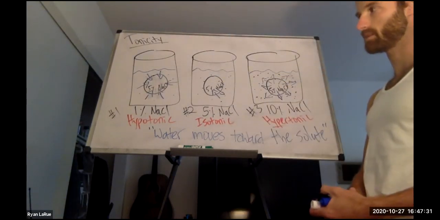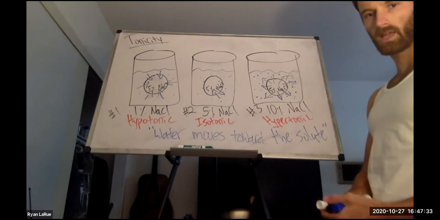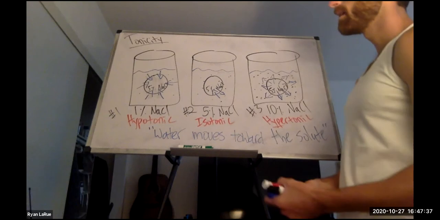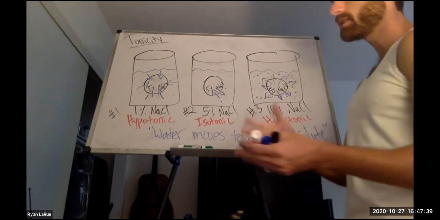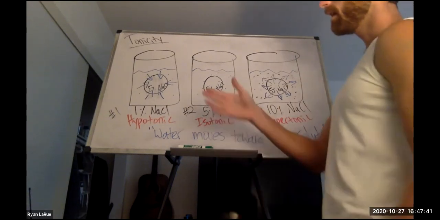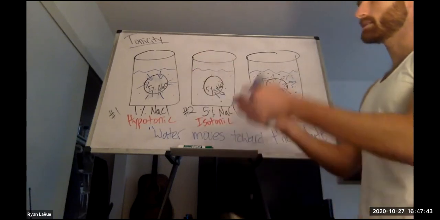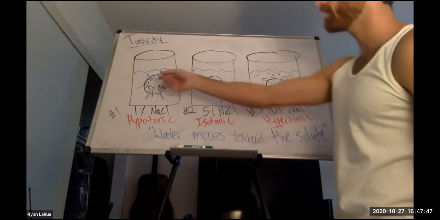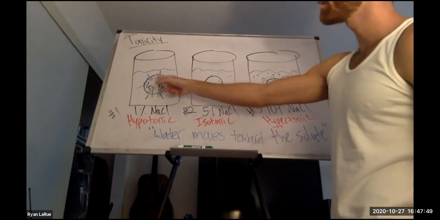5% to 1%. Yeah, it's hypertonic. So if I asked you, fill in the blank, the solution inside the cell is blank to outside the cell. It's hypertonic: inside the cell has more solute.